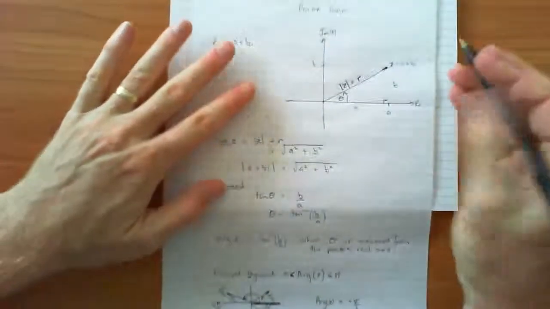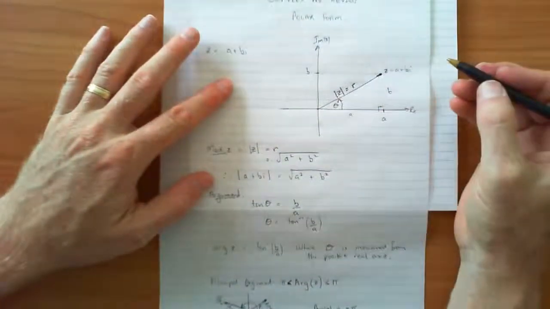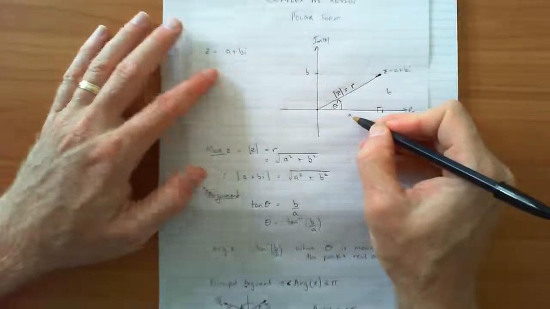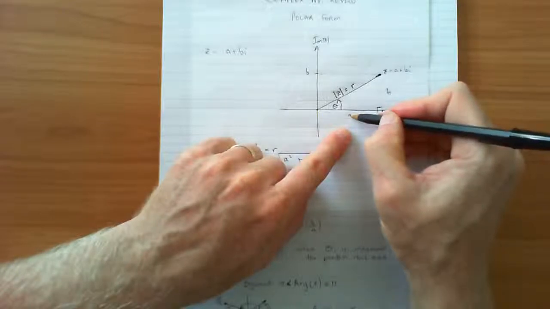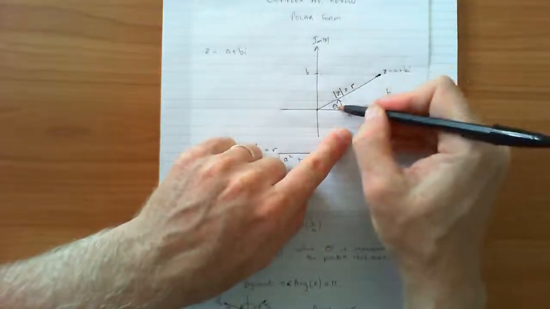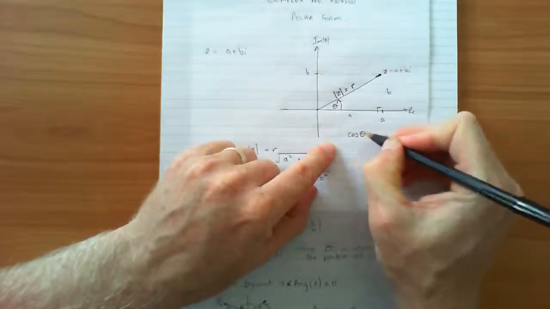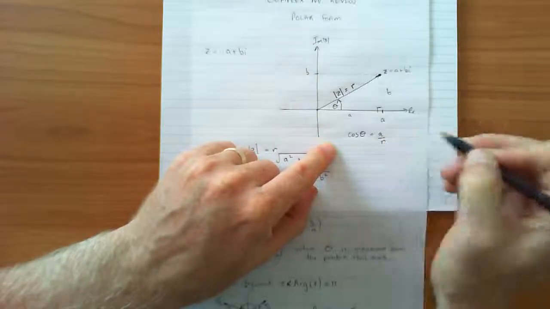Now, the last thing we need to do for polar form is, you may remember, I'll bring this diagram back, you may remember some basics from trigonometry. We know we could get a relationship between A, R and theta. We could say that cos theta is equal to the adjacent side over the hypotenuse.